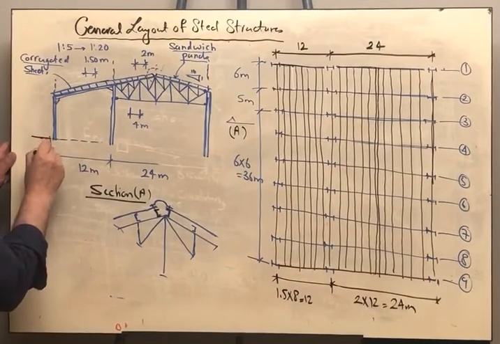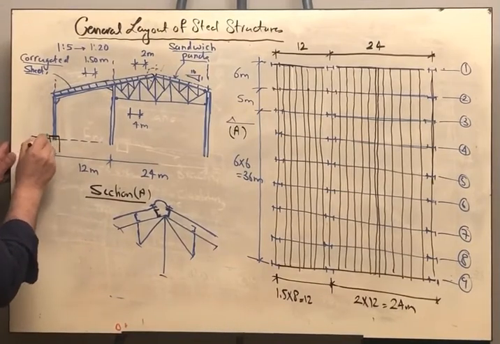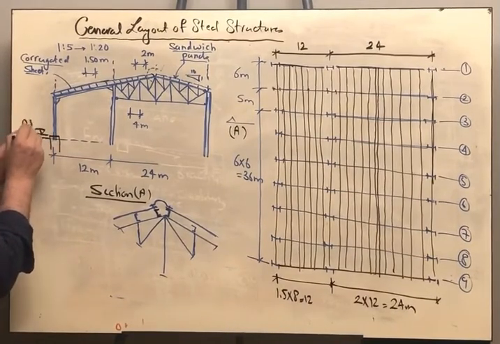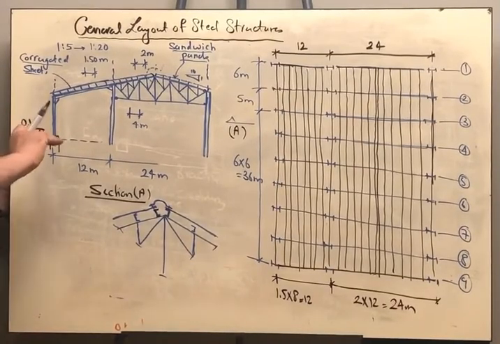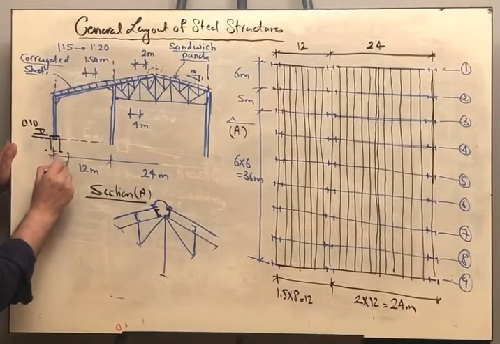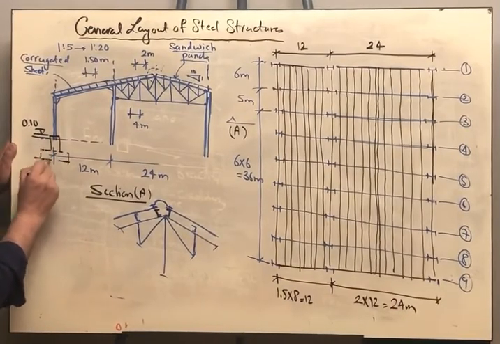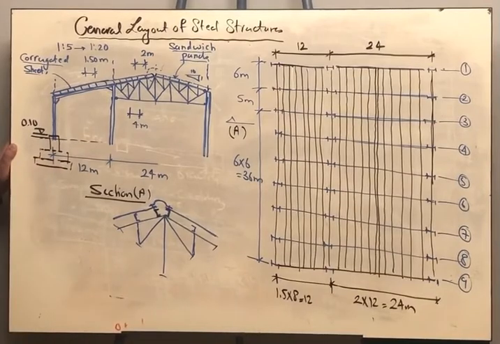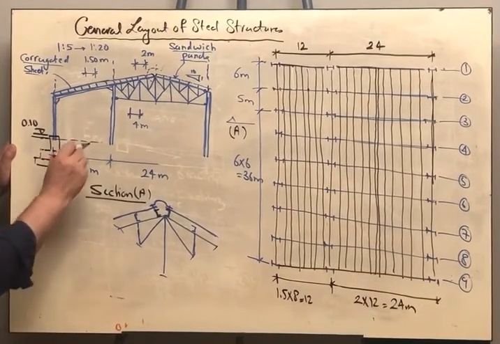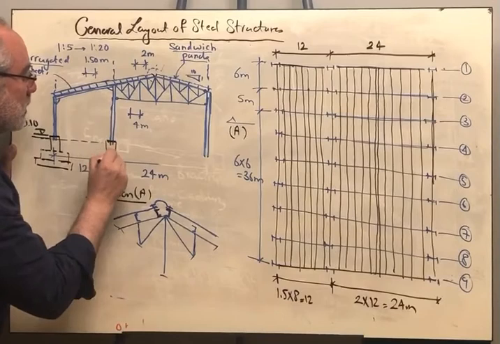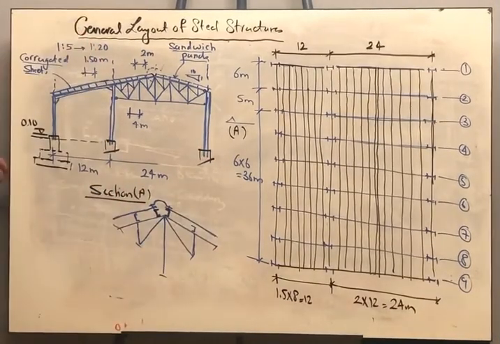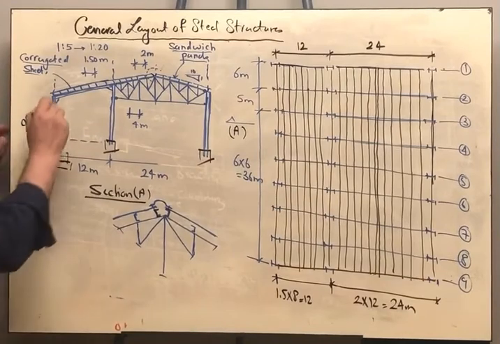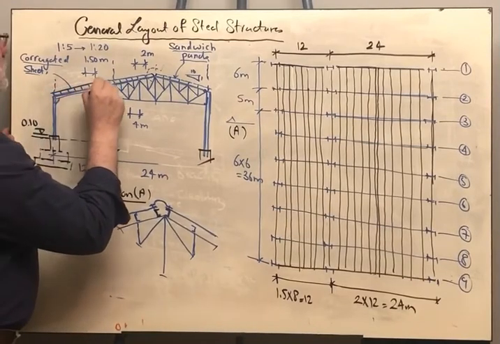There should be a concrete pedestal, the level of which is higher than the zero level, let us say by 10 centimeters, or it can be flush with the finished floor level inside. This of course is provided with reinforced concrete footing and plain concrete footing. We are only interested to show here the concrete pedestal without the details left from that. Now we covered the roof.